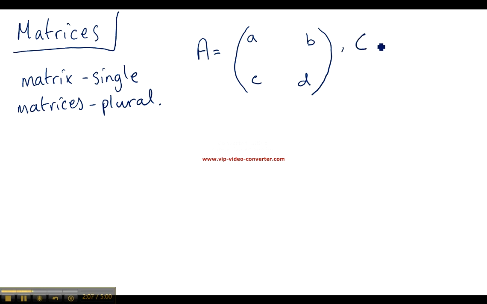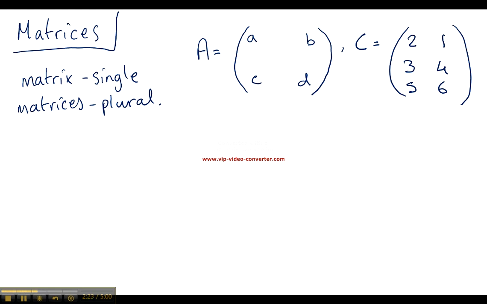We can call it C, and have 2, 1, 3, 4, 5, 6, just to give you one with numbers, and that's just one with variables.